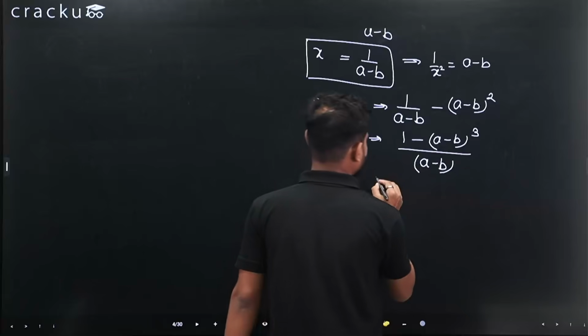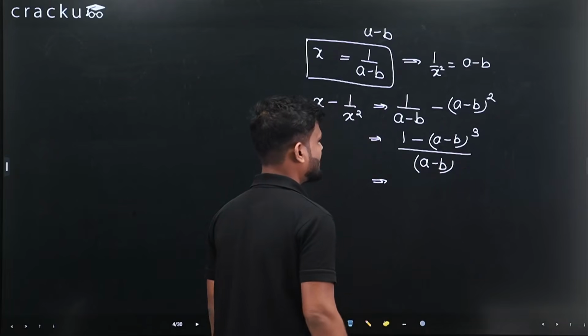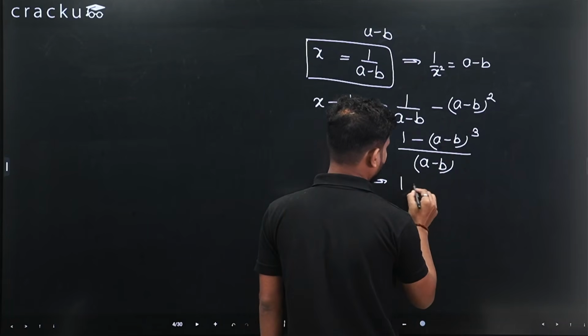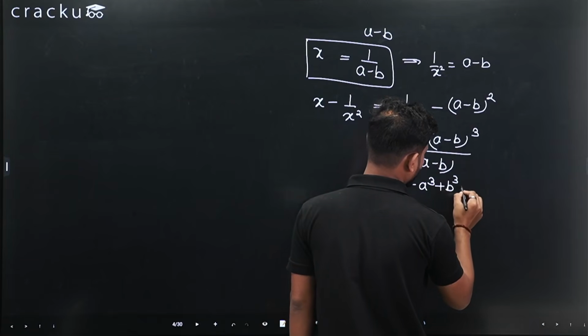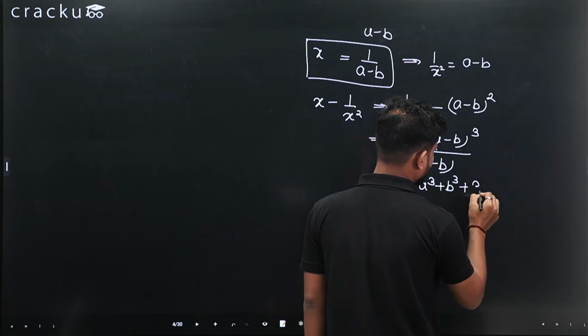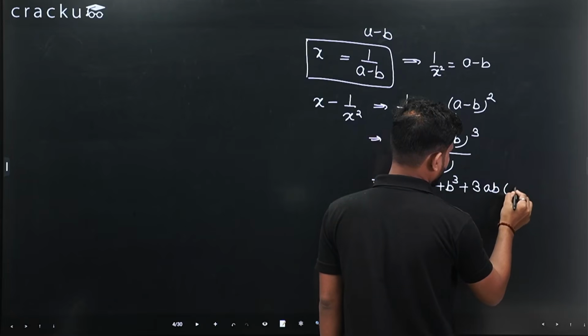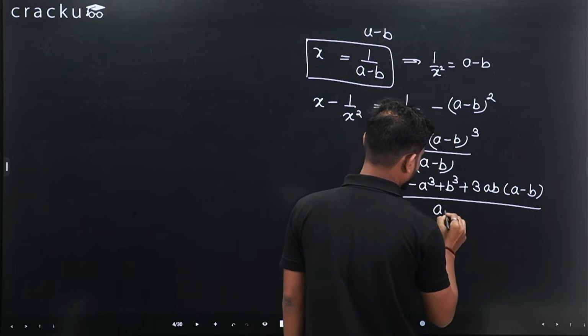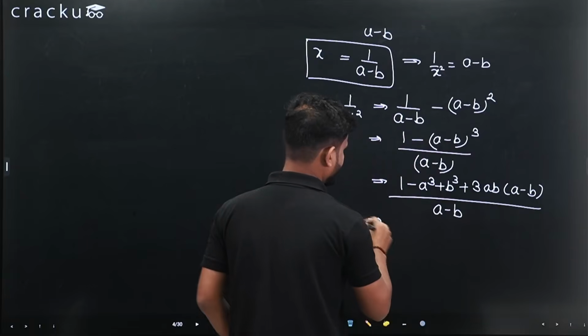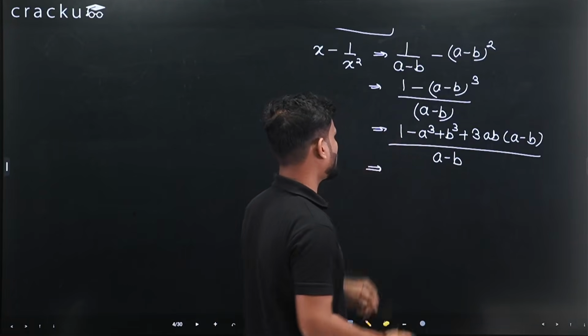Let us expand this one. From here what do we get? We get 1 minus a cube plus b cube plus 3ab into a minus b, upon a minus b. Now from here a cube is what?